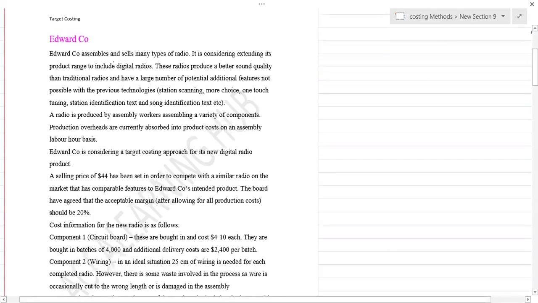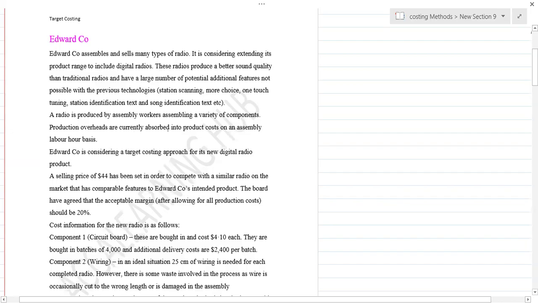Advert company assembles and sells many types of radio. It is considering extending its product range to include digital radios. These radios produce a better sound quality than the traditional radios and have a large number of potential additional features not possible with the previous technologies: station scanning, more choices, one-touch tuning, station identification text, song identification text, etc. A radio is produced by assembly workers assembling a variety of components.